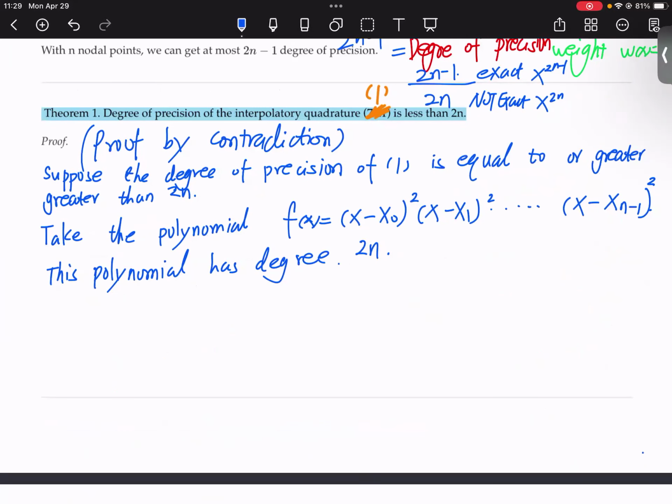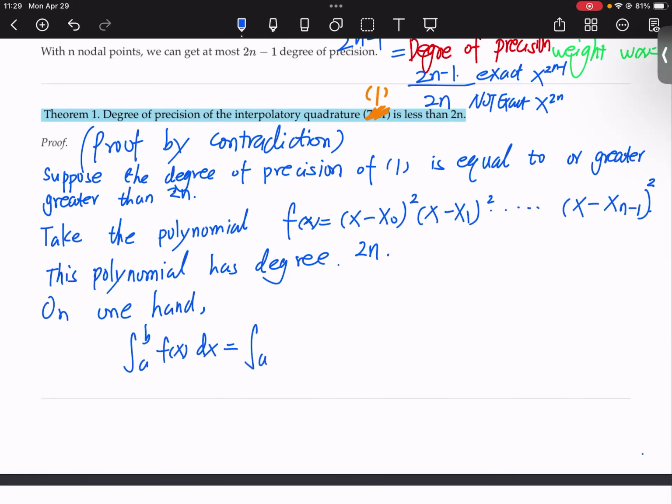For the left-hand side, on one hand, we have the integral over [a, b] of f(x) dx, which is the integral of (x minus x0) squared through (x minus xn minus 1) squared dx.